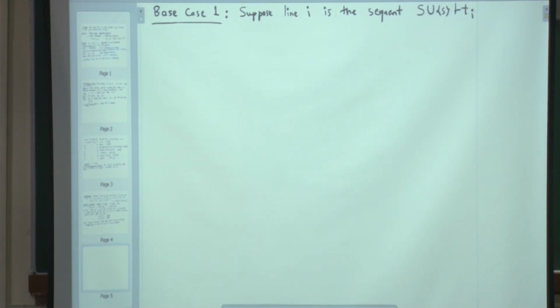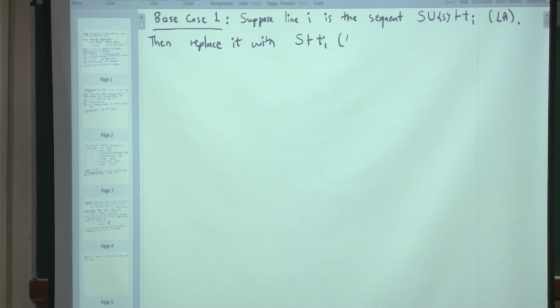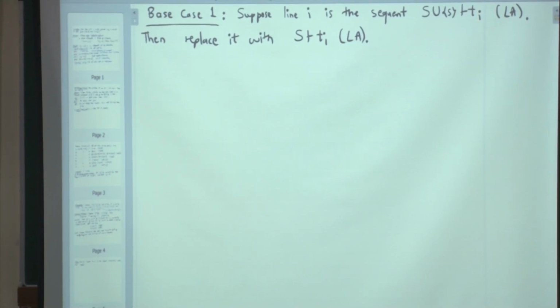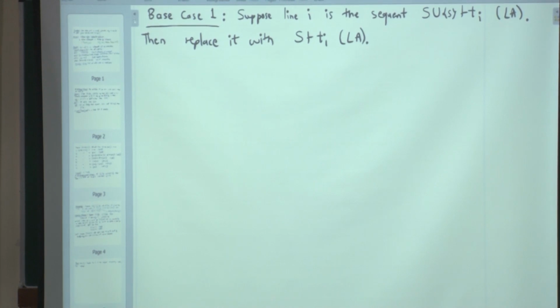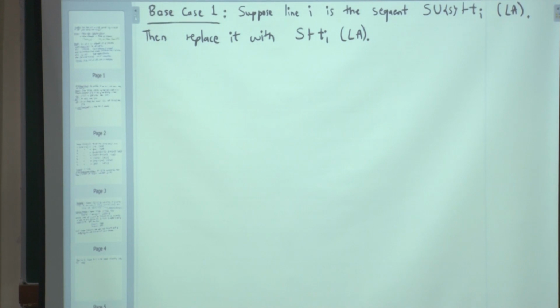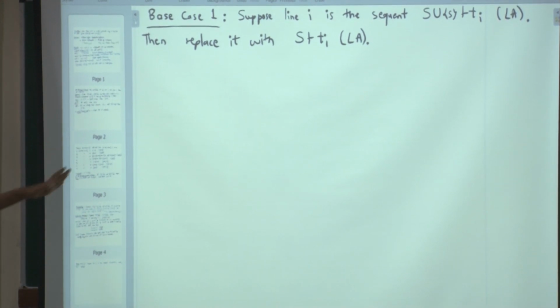Then replace it with, was there anything to be done here? Because a logical axiom is a consequence of anything. Yeah, that's our original idea. So therefore there was nothing to be done.